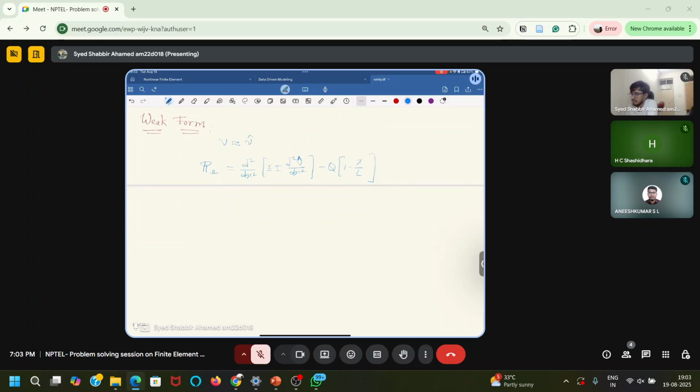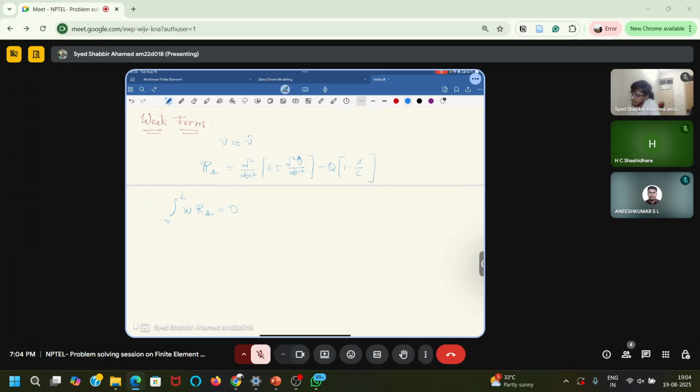Now we will write the strong form, the method of weighted residual, where we get the integral of w into R over the domain omega equals zero. This is our weighted residual approach. I want to make the residual zero in an average sense.